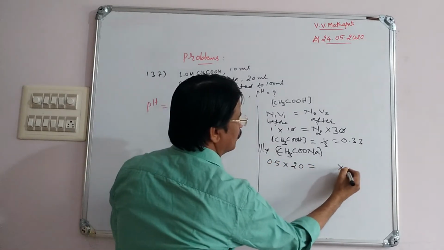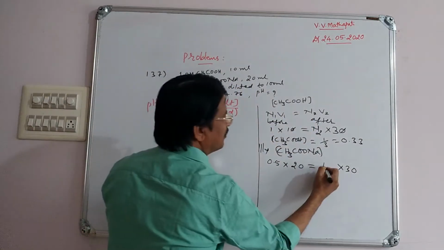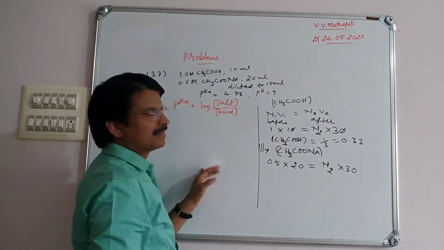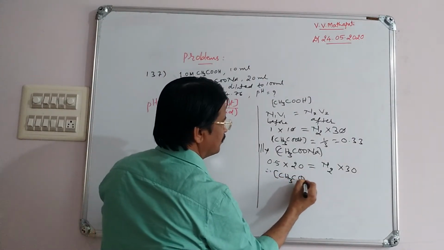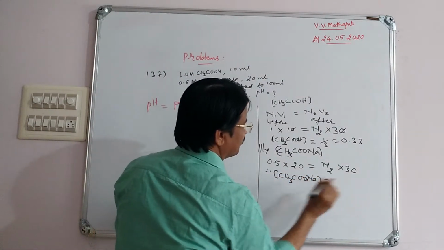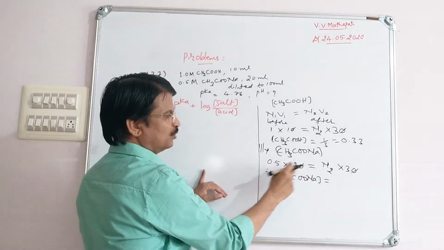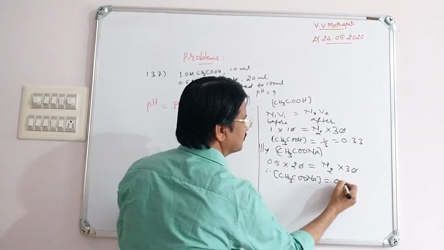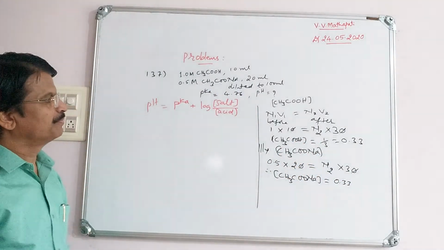After mixing, 20 plus 10, 30 ml, and we find the normality. Therefore the concentration of sodium acetate, again the zeros cancel, 0.5 into 2 is 1, so 1 by 3, equal to 0.33.